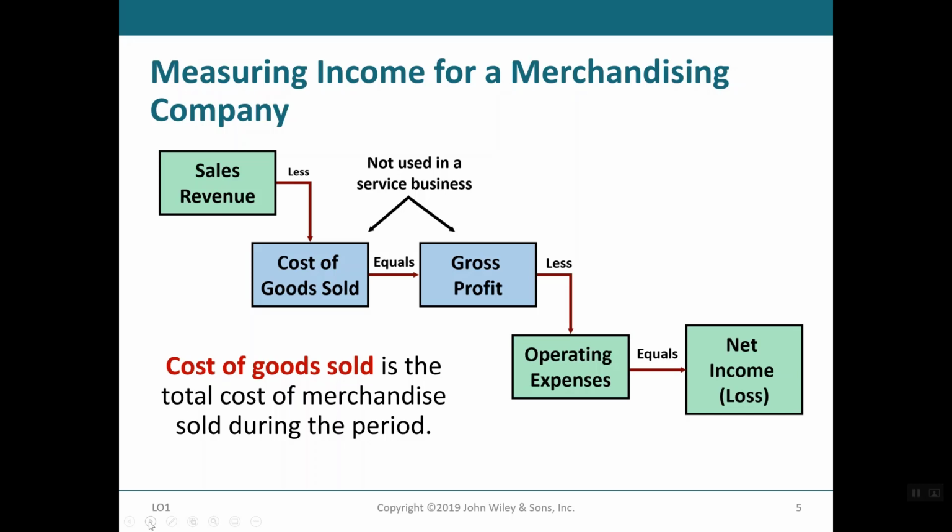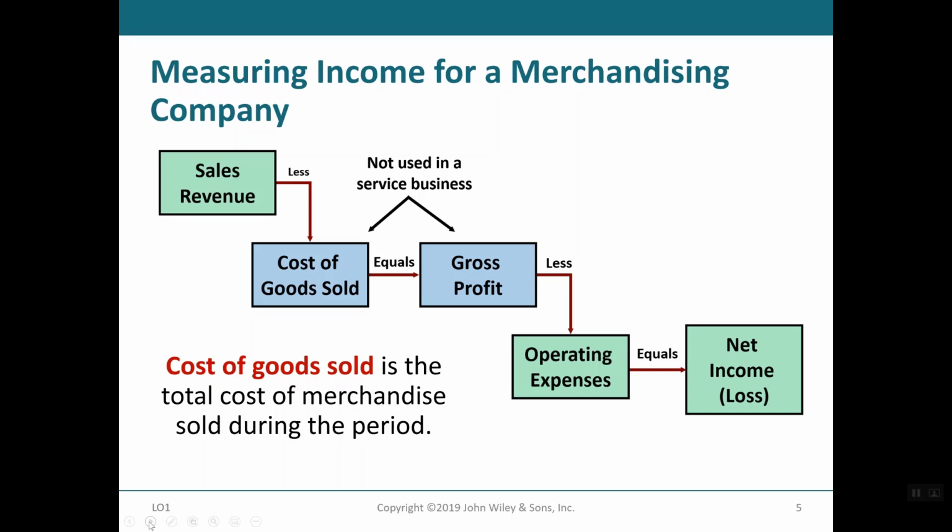And when we deduct our cost of goods sold from our sales revenue, it gives us the gross profit. If your cost of goods sold is more than your sales, then you'll be running at a gross loss. If your cost of goods sold is less than your sales revenue, then you'll be running at a gross profit. And then we deduct our operating expenses.